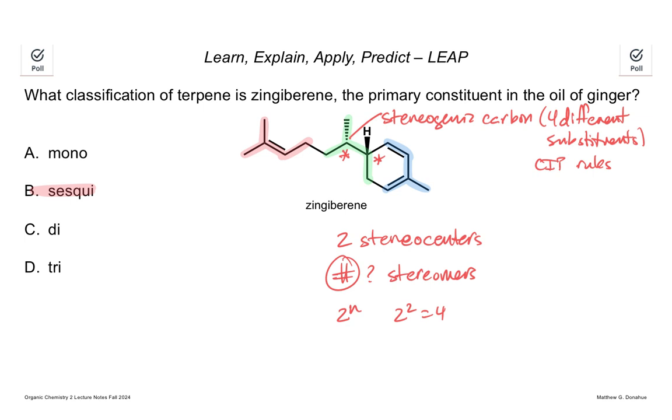Just conceptually, so we refresh our memory on this, say one of those was SS. What designation would the enantiomer have? RR. So those would be enantiomers.